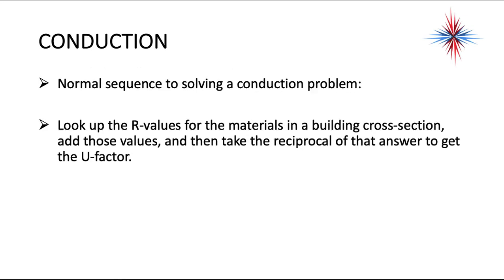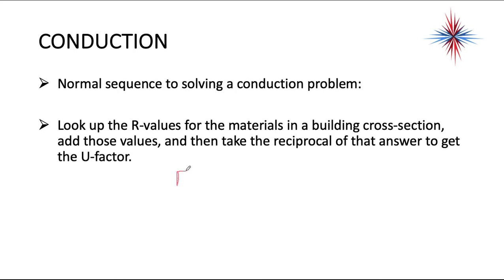We have a normal sequence to solving conduction problems. We want to look up the R value for the materials in a building cross-section, add those values, and then take the reciprocal of that answer to get the U factor. Now, what is a reciprocal? Let's see if we can draw a pen on here.